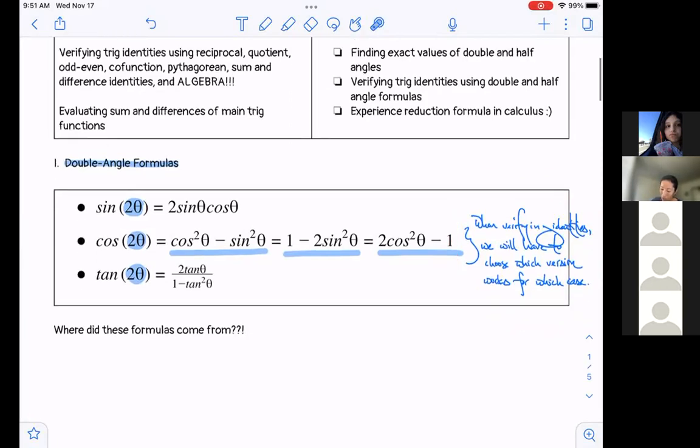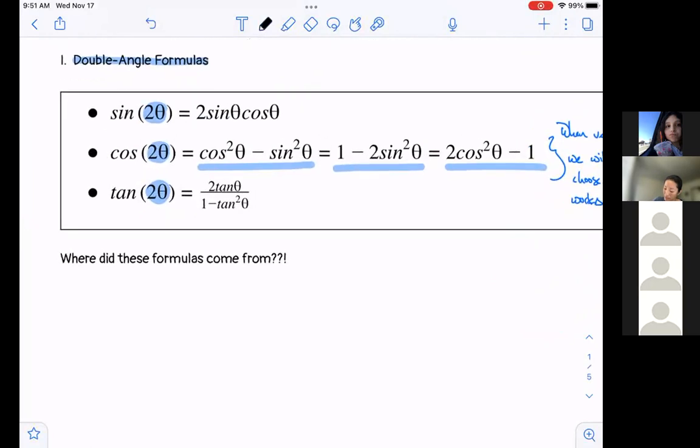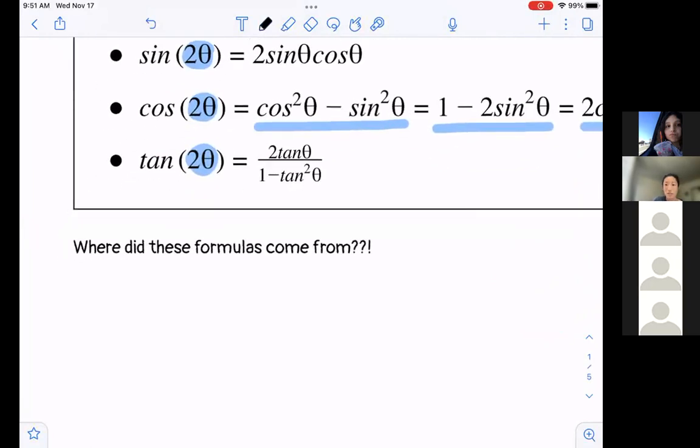All right, so we have these 3 identities. Let's talk very briefly about where they come from. All right, now this would be really beneficial if you folks have your sum and difference identities listed. So I am going to ask you to sort of look back at your notes from the sum and difference identities and help me come up with some of these. All right, so let's start with our sine.